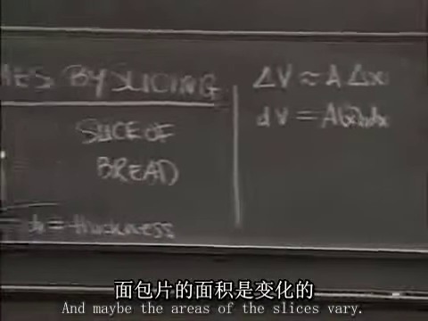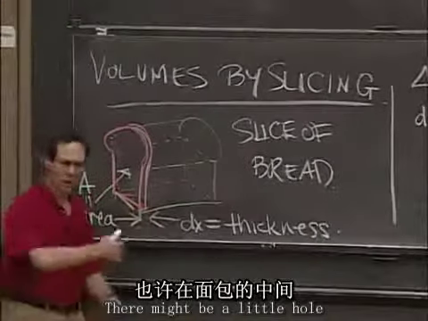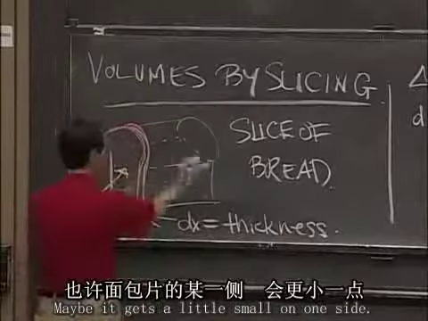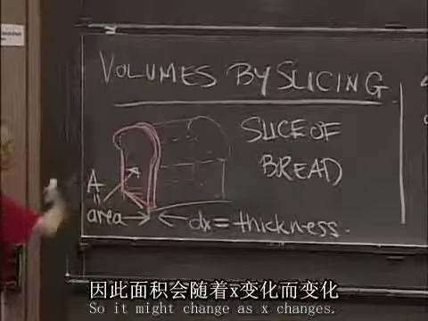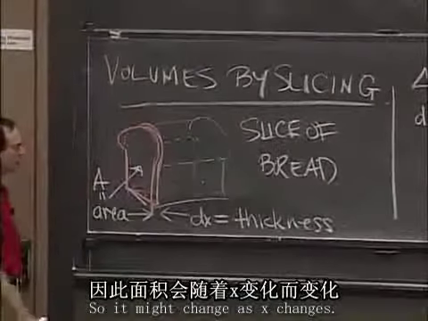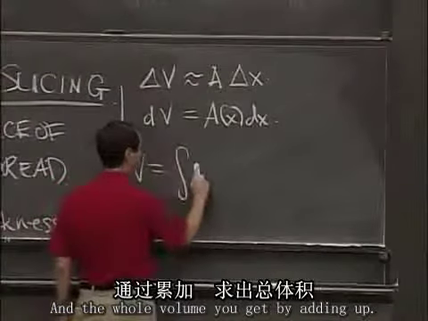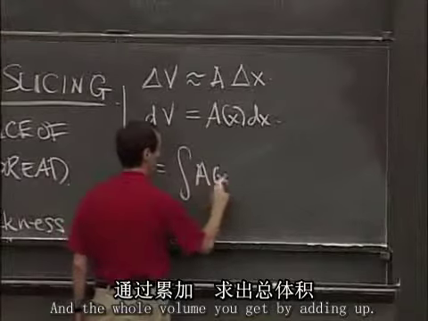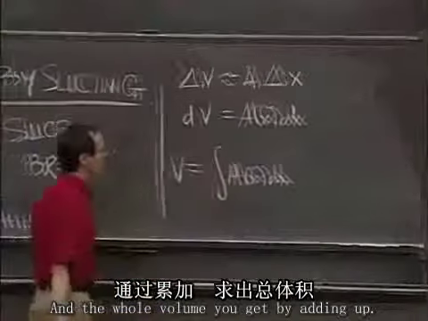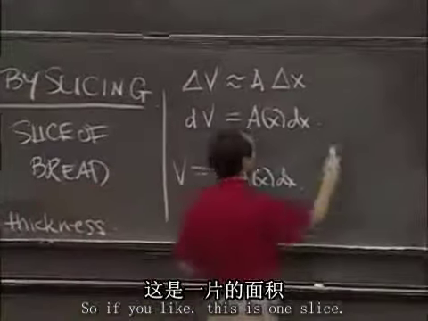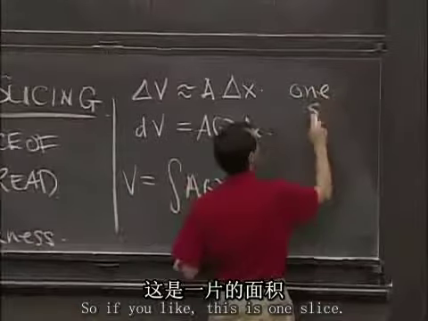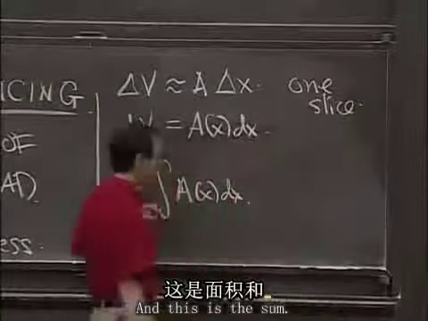And maybe the areas of the slices vary. There might be a little hole in the middle of the bread somewhere. Maybe it gets a little smaller on one side. So it might change as x changes. Then the whole volume you get by adding up. So if you like, this is one slice, and this is the sum.